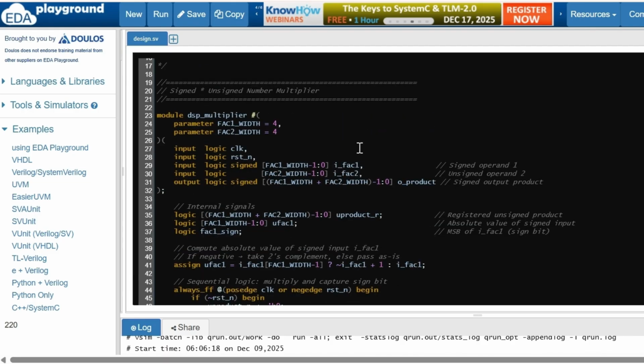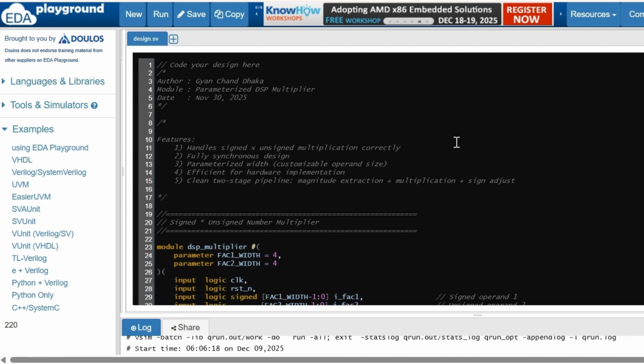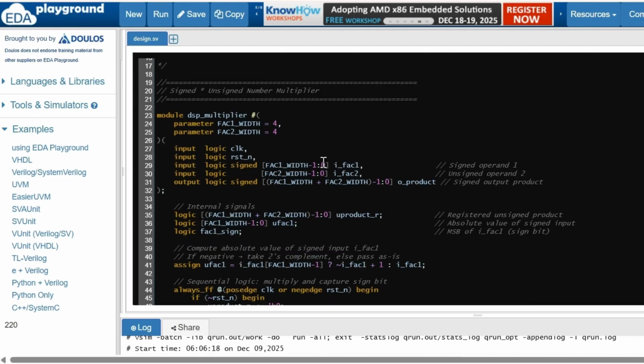So this is how these kind of multipliers can be implemented in hardware, where we have mixed arithmetic, where one number is signed and another number is unsigned. Similarly, this can also be extended for other kinds of arithmetic, like if both the numbers are unsigned, or if both the numbers are signed. All those combinations can be implemented with some updates in the design.